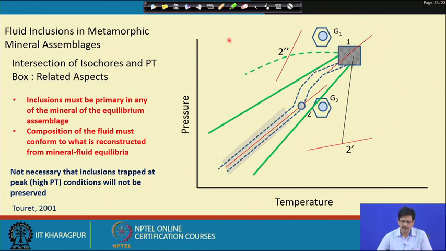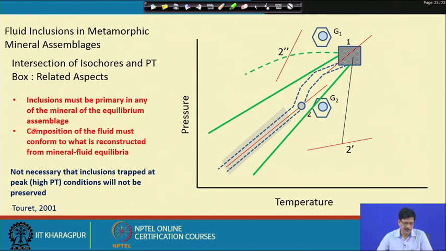So, it would be possible through that particular reaction equilibria to arrive at values of the fugacity of these constituents, say for example, water or carbon dioxide, and from that the composition in terms of the fraction or the mole fraction or the molar proportion of the different components could be established or estimated.